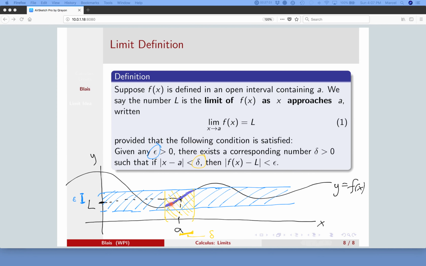So that's saying the distance between this dotted black line and this purple curve, that vertical distance, is always smaller than epsilon. That puts it inside the blue band. And if you are given any epsilon, you shrink the width of this blue band, then you correspondingly only have to shrink the width of this orange band. And that's the technical, formal definition of limit.